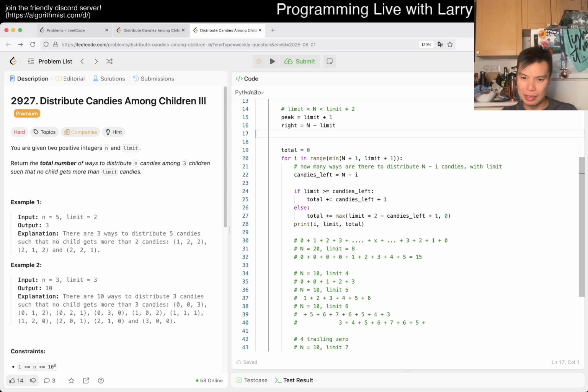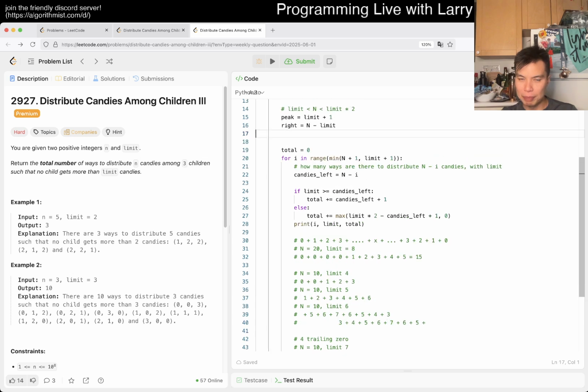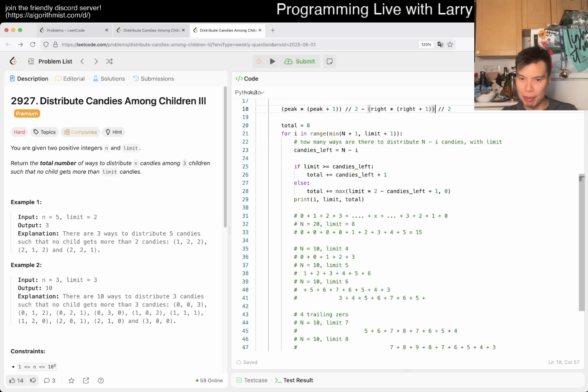So to get the summation of just this part, it is going to be peak times peak plus 1 over 2, minus right times right plus 1 divided by 2, right? So that would be this part.